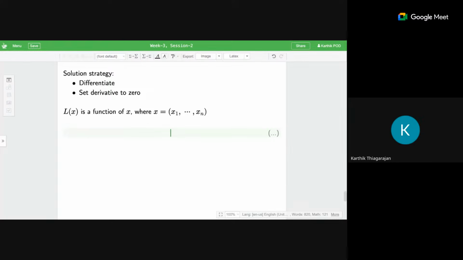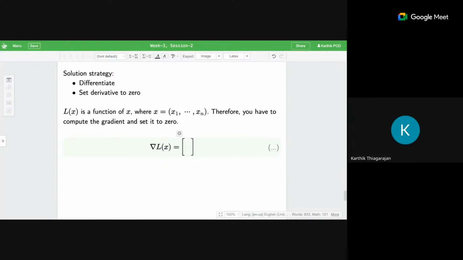So what do you compute instead of just the derivative? The gradient. So you have to compute the gradient and set it to 0. The gradient of L of x is given as the vector of partial derivatives.